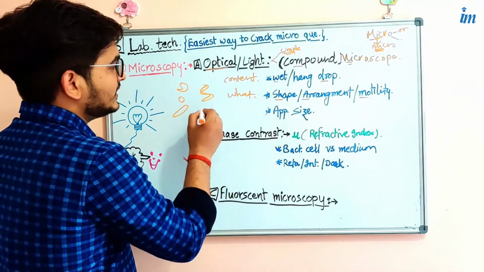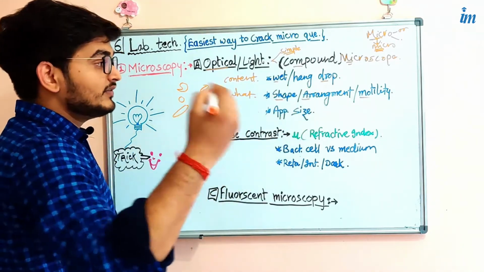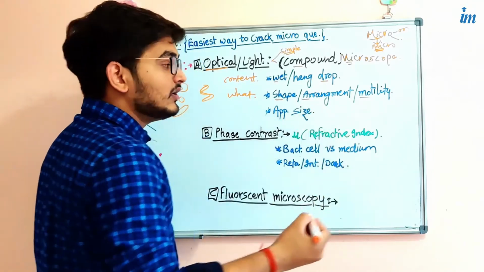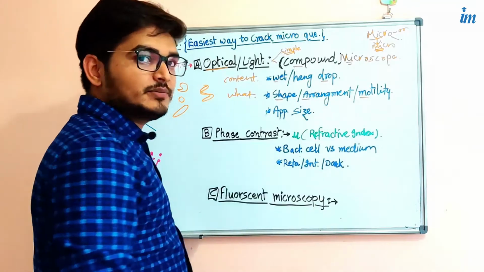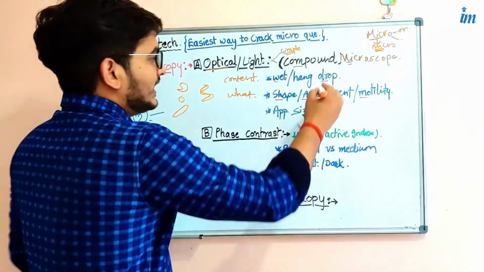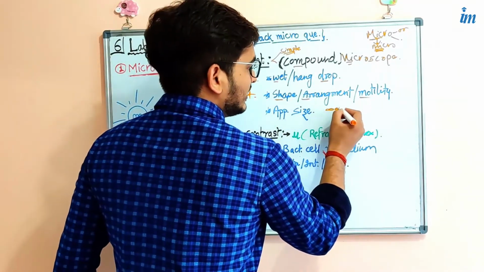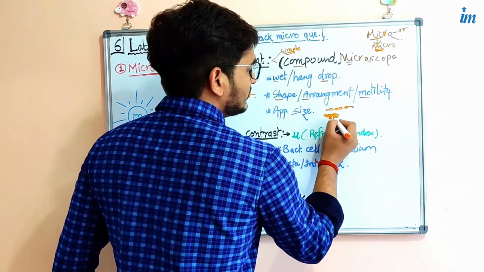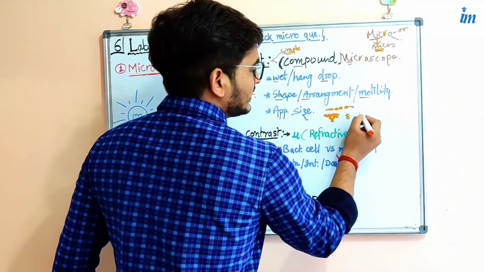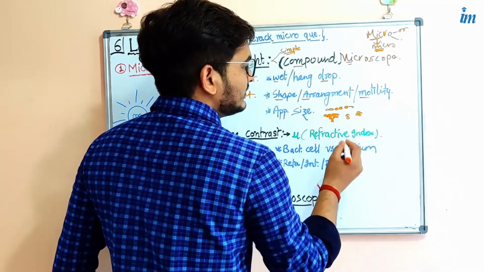And when we talk about arrangement, simply remember very familiar names, Streptococcus, Staphylococcus. I will tell you in detail after culture media. Arrangement may be chain-like, Strepto, or pyramidal form, Staphylo, or Diplococcus, or tetrad.